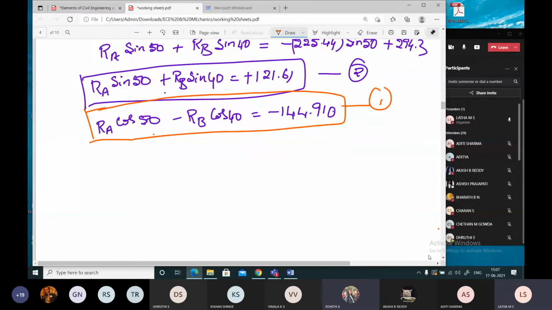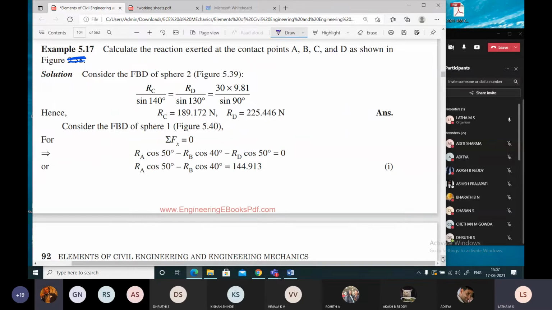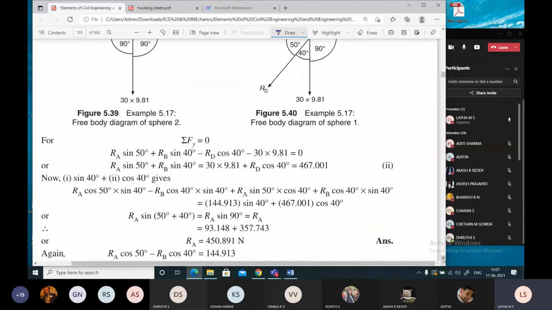Squaring and adding on both the sides? Yes, do it. Let me check here what they have done in the solution. Even I'm not sure about it.